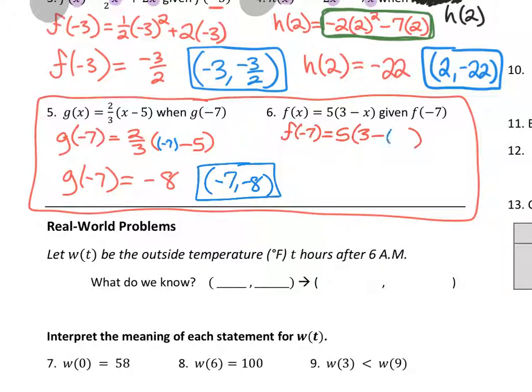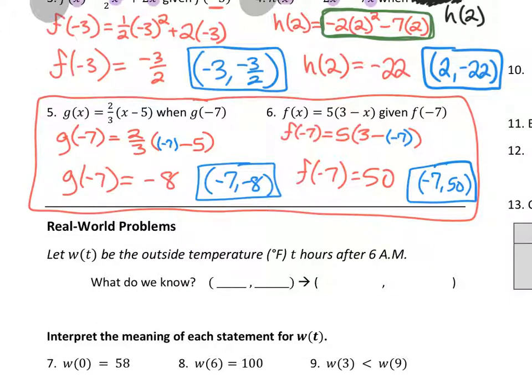I just make sure I replace the x with a -7. You will have double parentheses and a double minus sign here. That's cool for right now. Okay, so if we chug that out, what did we get? 50, which means my coordinate pair is -7, 50 for this particular one. Inputs and outputs. Is it -50 or is it positive?